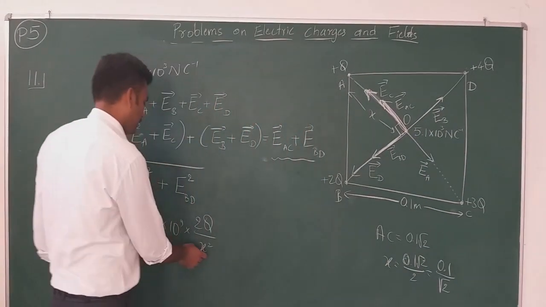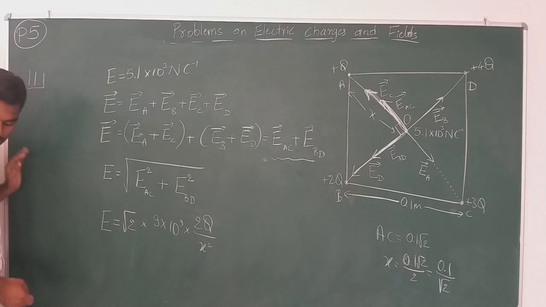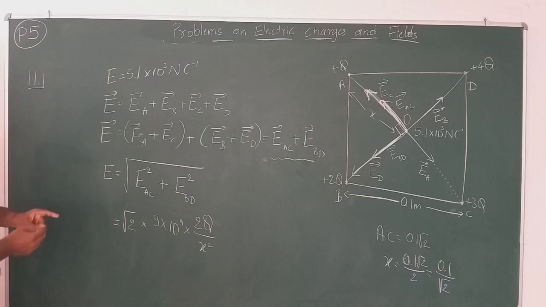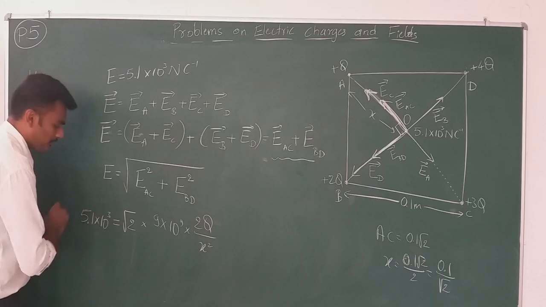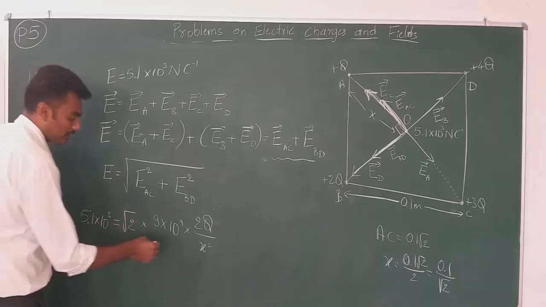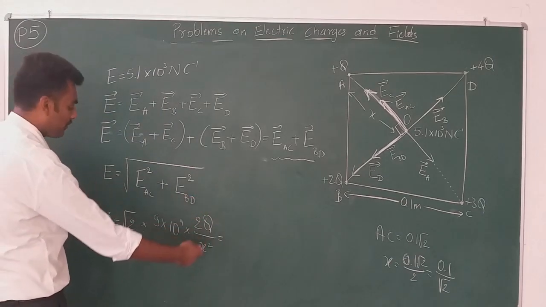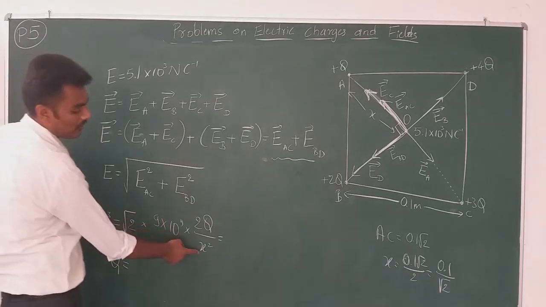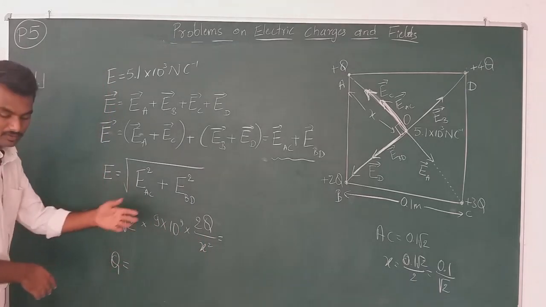Now, I can bring the value of x here and simplify. The value of E is already given, the net electric field, 5.1 into 10 to the power of 3. Upon simplifying all these values, you need to substitute the value of x and do all the cross multiplications.